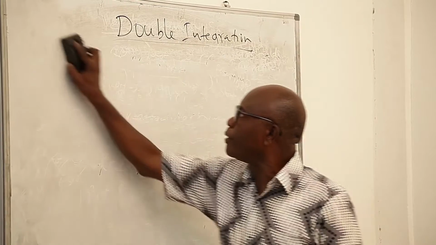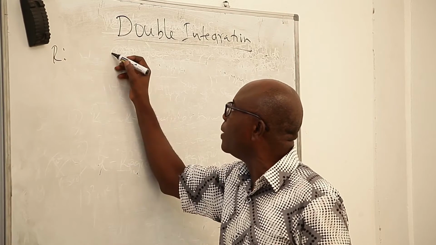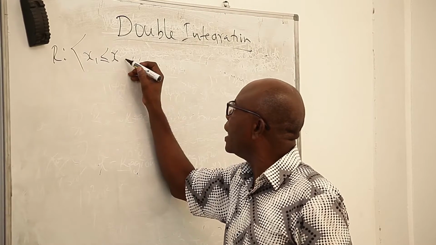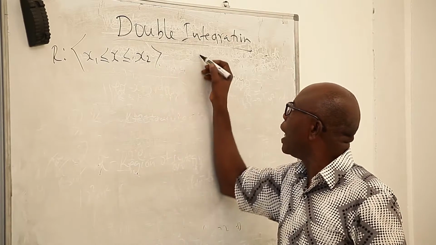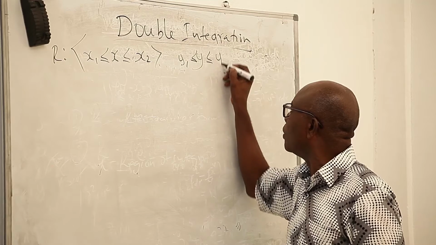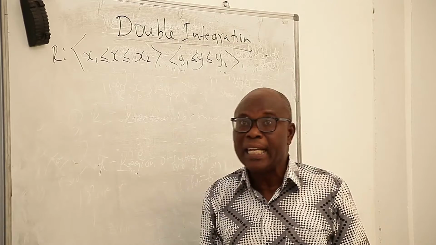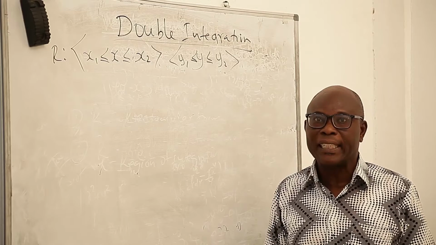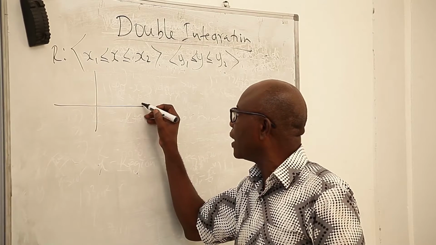If the region of integration is rectangular, it means we have x greater than or equal to x1 and less than or equal to x2, and y greater than or equal to y1 and less than or equal to y2. It becomes easy to understand when we sketch the region of integration in the OXY plane.